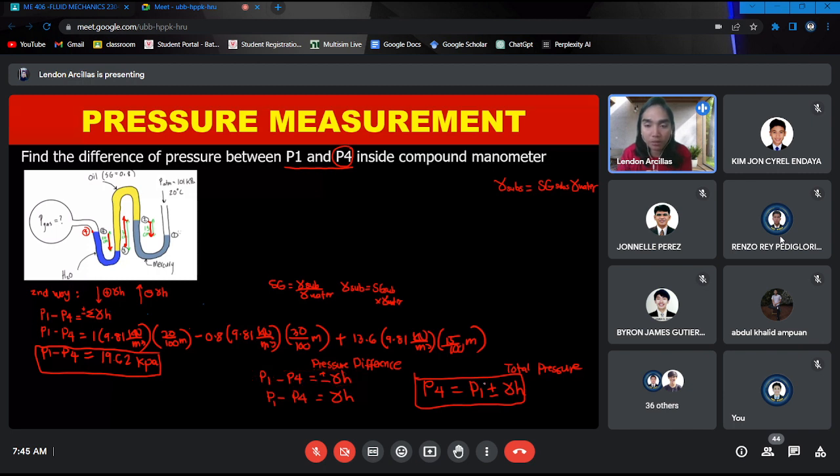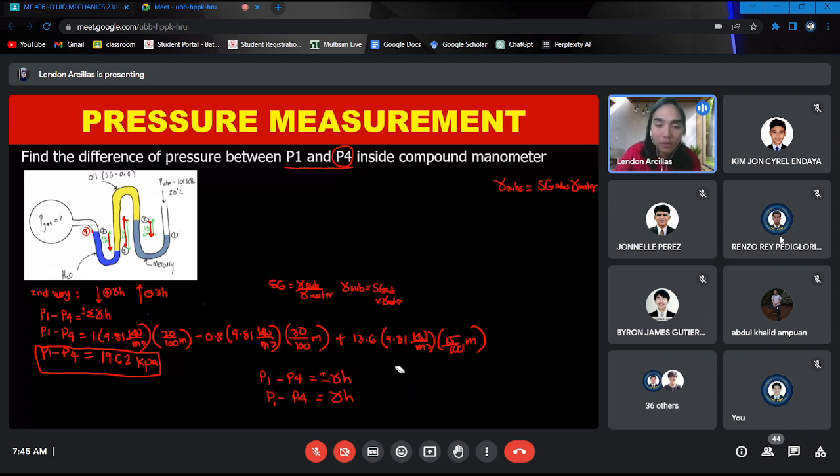So, pressure 4 is equal to the pressure 1 plus or minus the pressure at the all liquid affected by those pressures. So, yun. Ito na lang yung intindihin nyo.